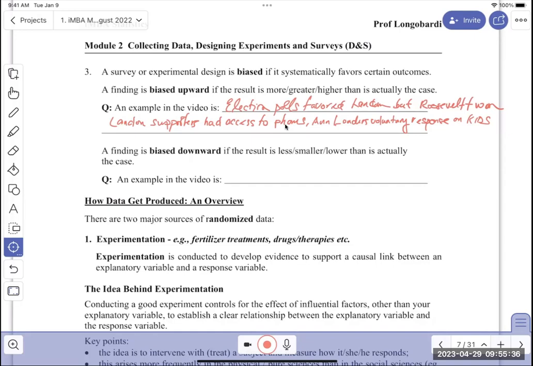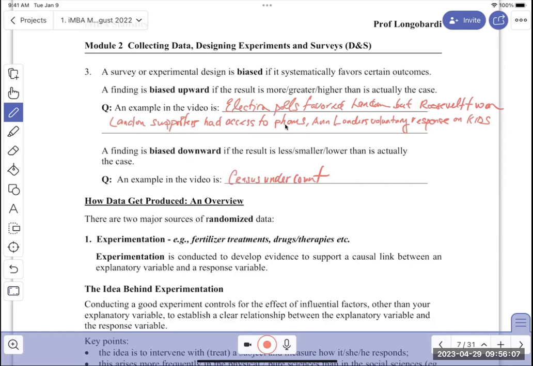A more basic example in surveys is the census, right? The census undercounts. We miss people. It's biased downward, and it's not biased upward, which is interesting. They're careful not to include people that shouldn't be there, but they in fact are undercounting.